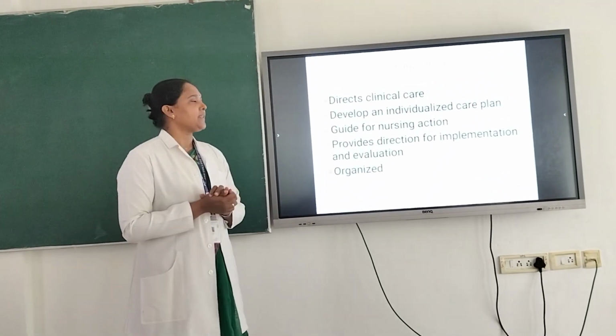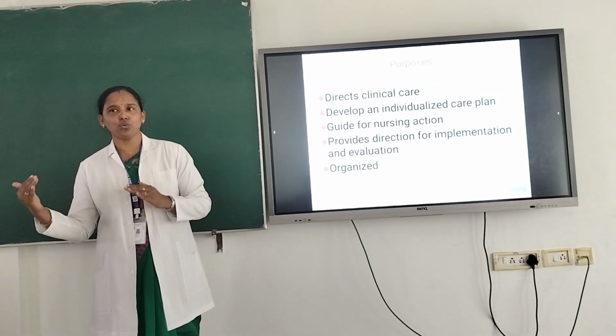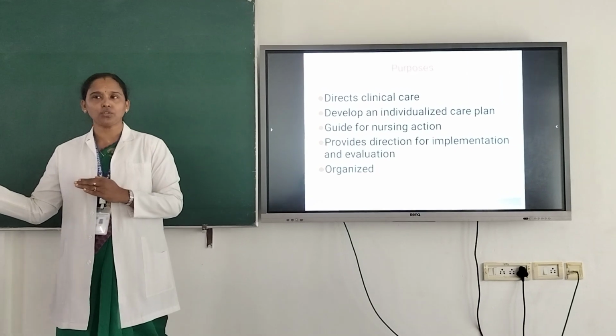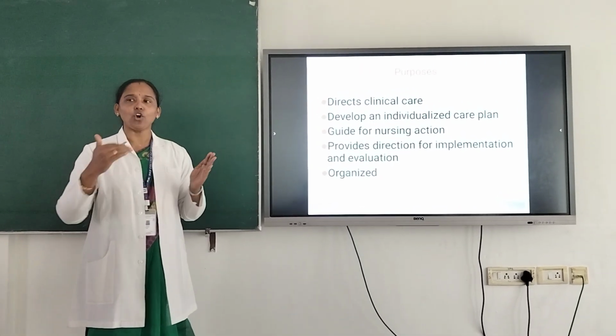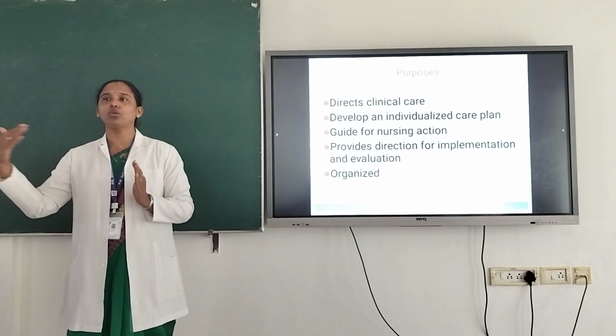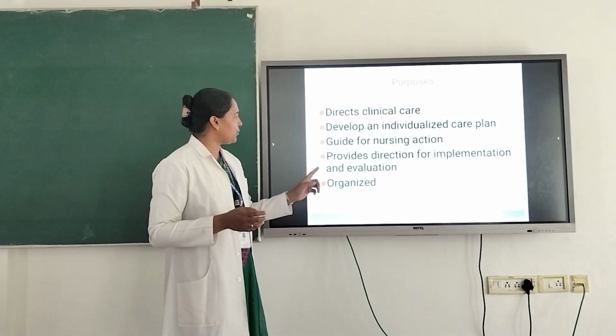Then third one is guide for nursing action. Guide for nursing action means next what I should do as a nurse, what nursing care I have to provide for a patient. If you have proper planning, then automatically it will give you a way to concentrate on the next step.